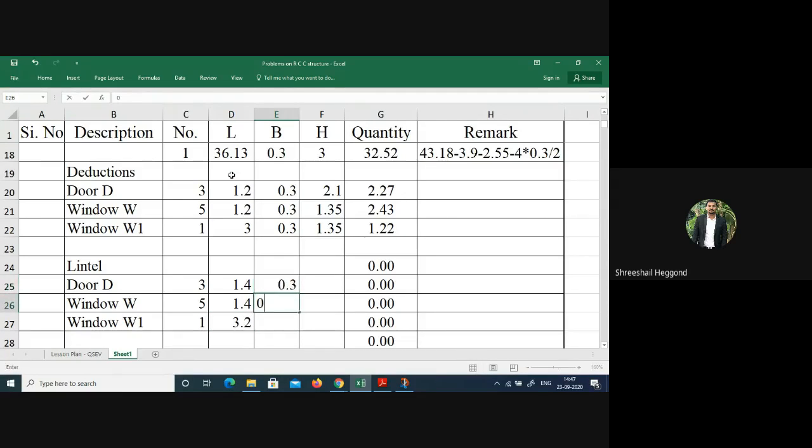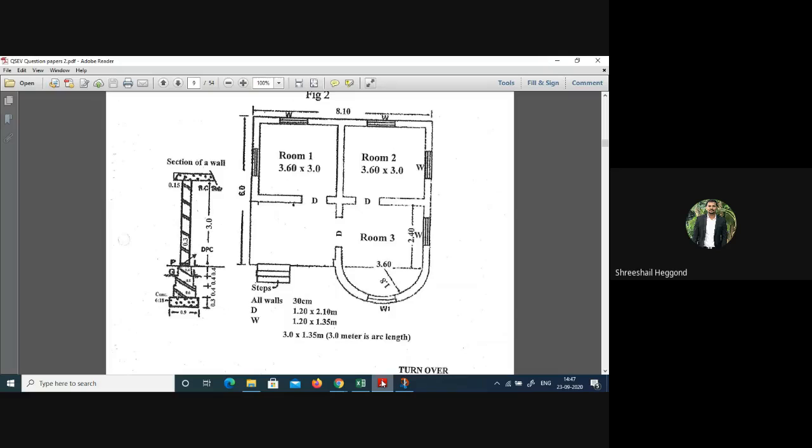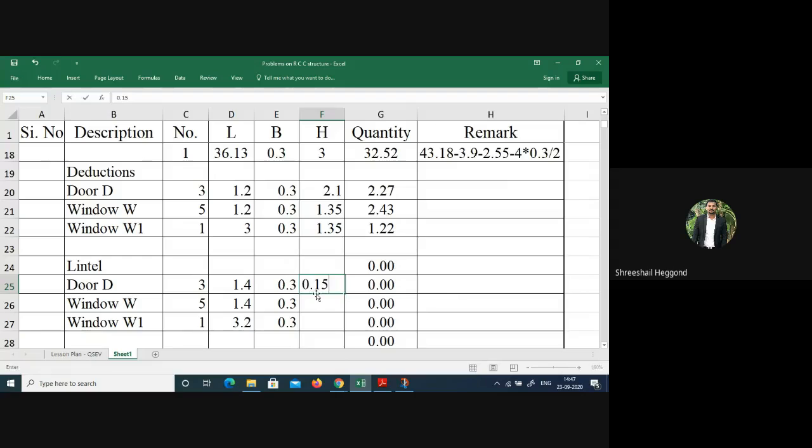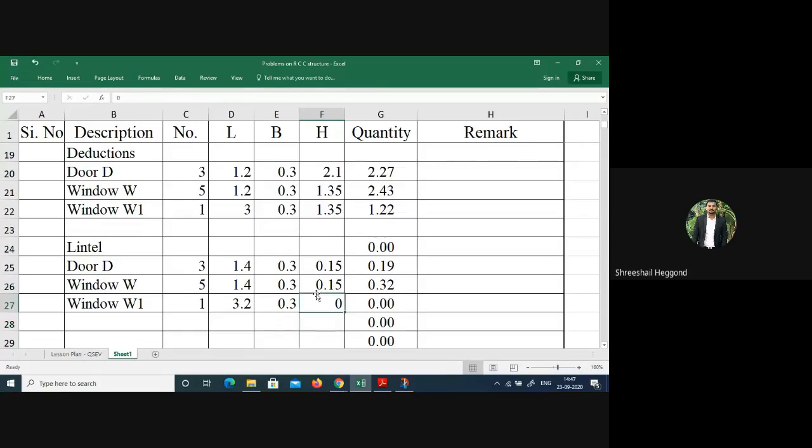Width is 0.3, 0.3, 0.3. Thickness of lintel is not mentioned in the figure. Assume it as 15 centimeter, as the thickness of slab. In the previous case, we considered 0.12. Here, consider 0.15. Find out the lintel quantity.